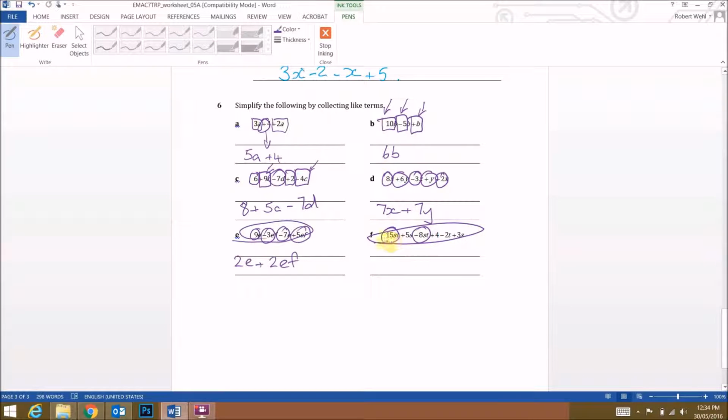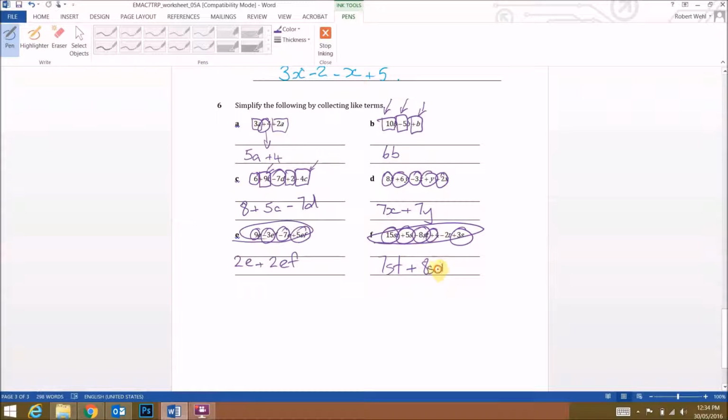Okay, last one here, so 15st minus 8st leaves us with 7st. We've got a plus 5s and plus 3s, which gives us, if we put them both together, if you've got 5 sandwiches and 3 sandwiches, you have 8 sandwiches.